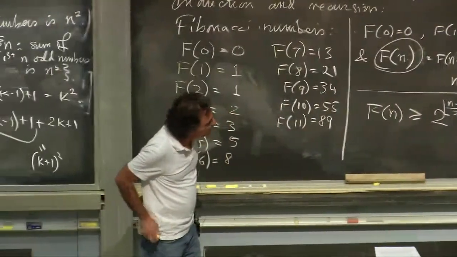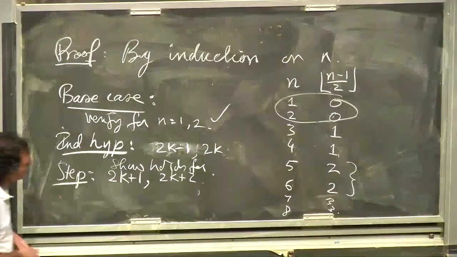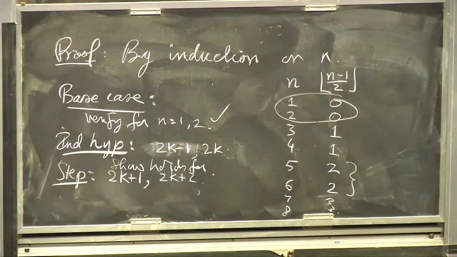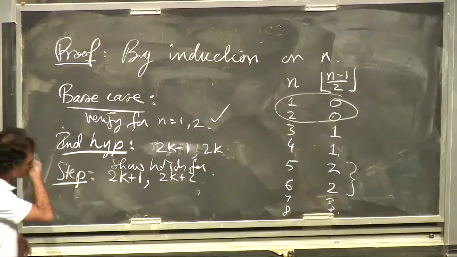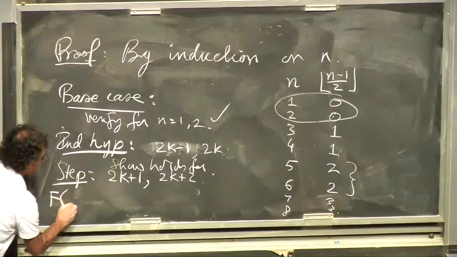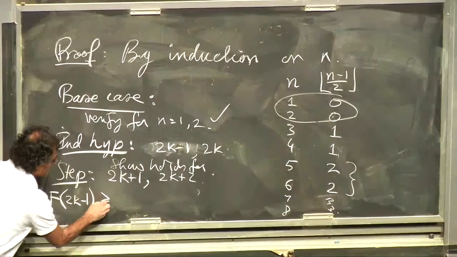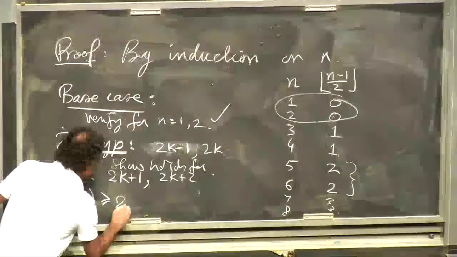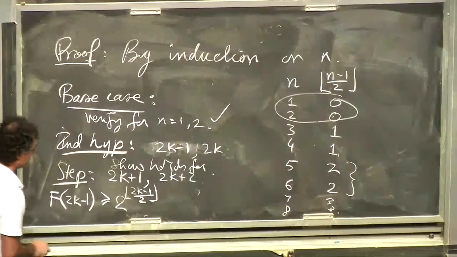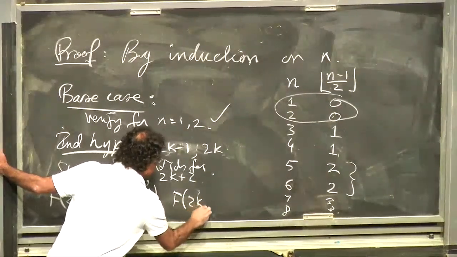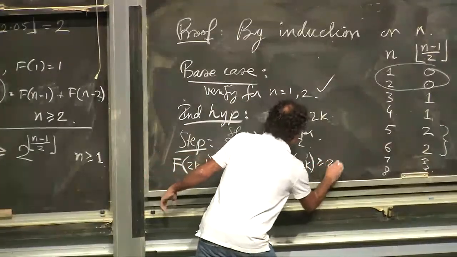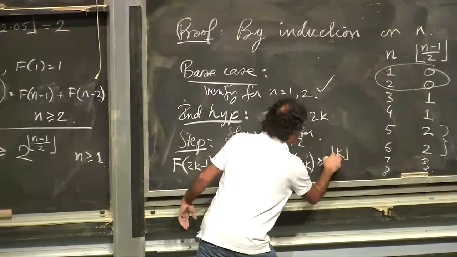But why should it? Well, from the induction hypothesis, we know that f of 2k minus 1 is at least 2 to the power of floor of (2k minus 1 minus 1) over 2, and f of 2k is at least 2 to the power of floor of (2k minus 1) over 2.